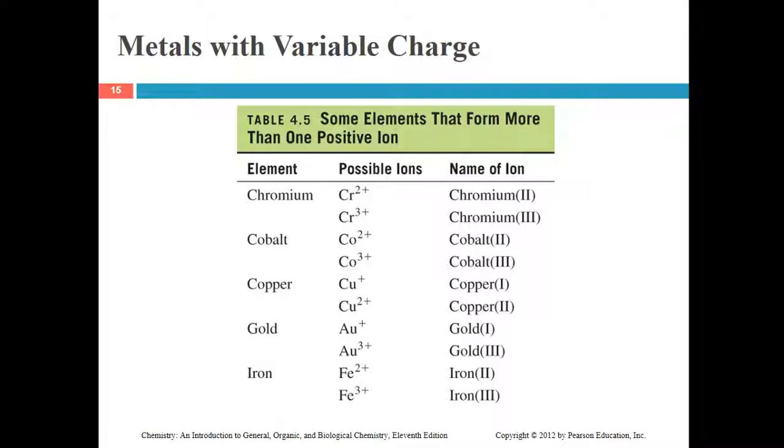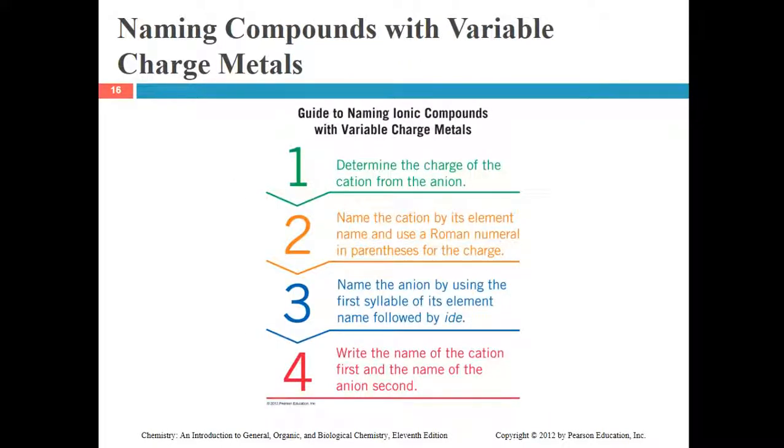Just look at the periodic table that Sapling gives you for the more-than-one-charge metals. All right, the guide to naming ionic compounds when you have metals that can have more than one charge: you have to determine the charge of the cation from the anion. You name the cation by its elemental name and use a Roman numeral in parentheses for the charge. Steps 3 and 4 are the same as before.